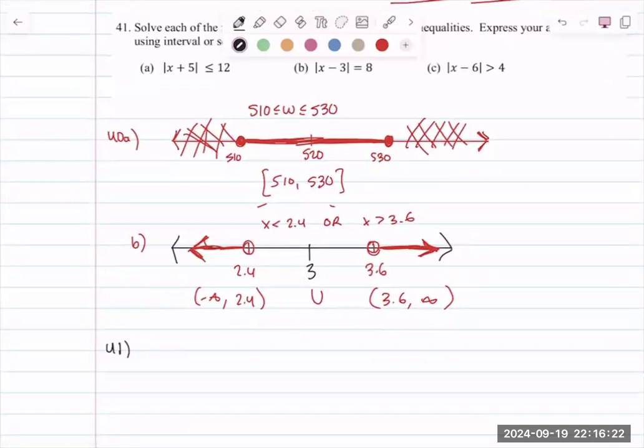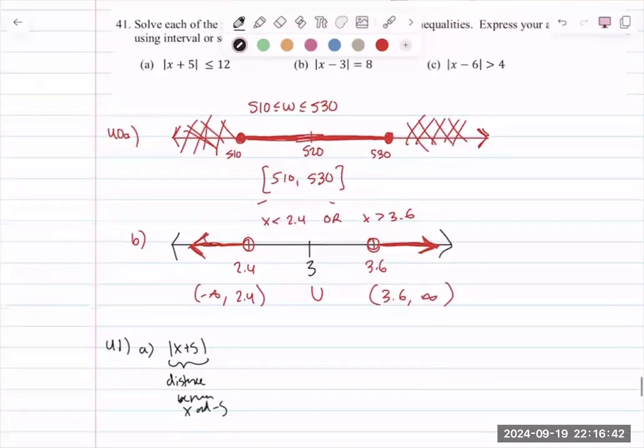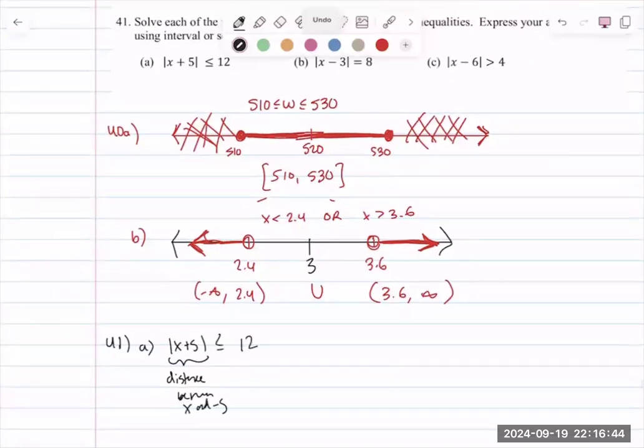Think about that in terms of distance. That's how far away. So part A: this is the distance between x and negative 5 is less than or equal to 12.